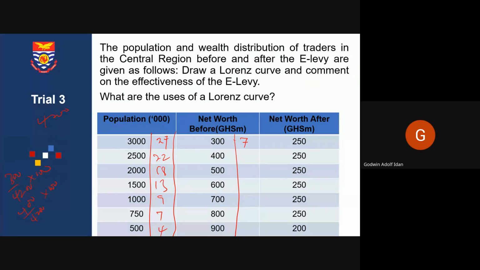The 900? Julie, which one did you mention? The 900 from the bottom. All right. The 400, also 400 is 10. Yes. Okay.